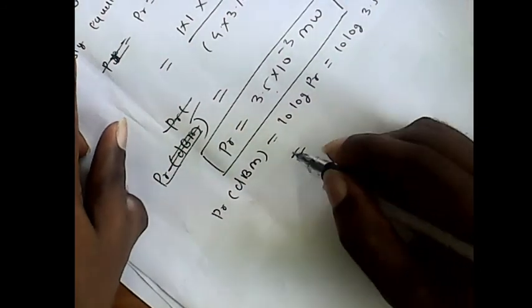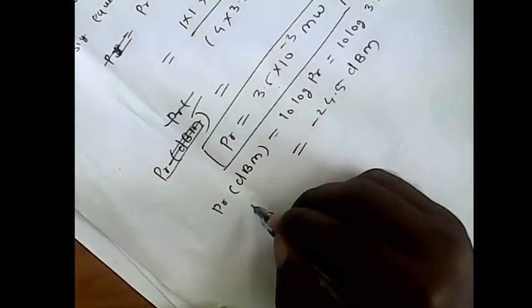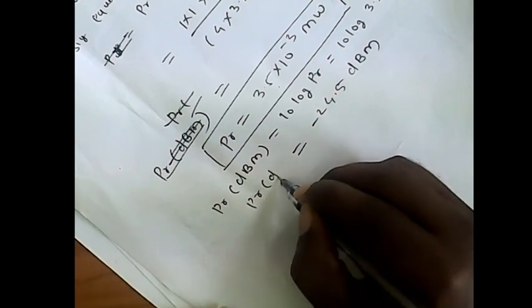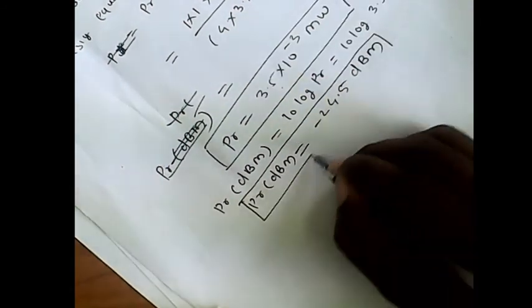So the received power is converted into decibel milliwatt, which comes out to minus 24.5 decibel milliwatt. So this is the received power in decibel milliwatt for a 100 meter distance between transmitter and receiver.